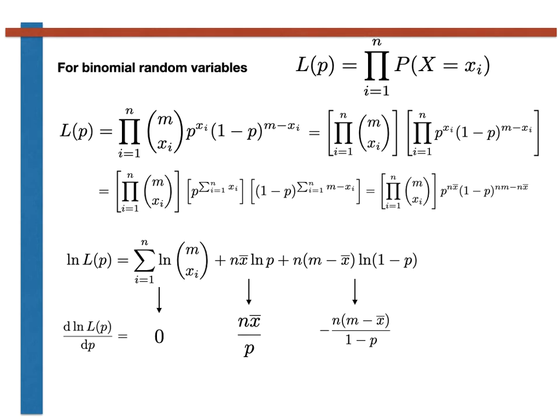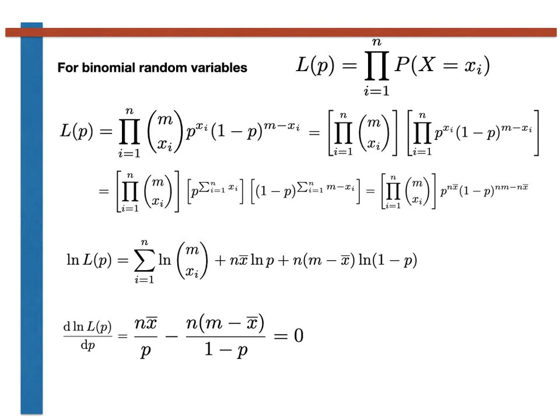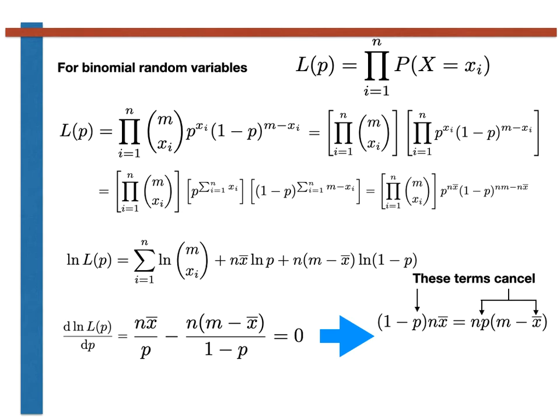We thus arrive at the following expression for the derivative that must be 0 at the maximum of the function. Rearranging this expression gives the following. Notice that once the brackets are multiplied out here, there are factors of minus pn multiplied by x bar on both sides of the expression, and that these factors thus cancel.